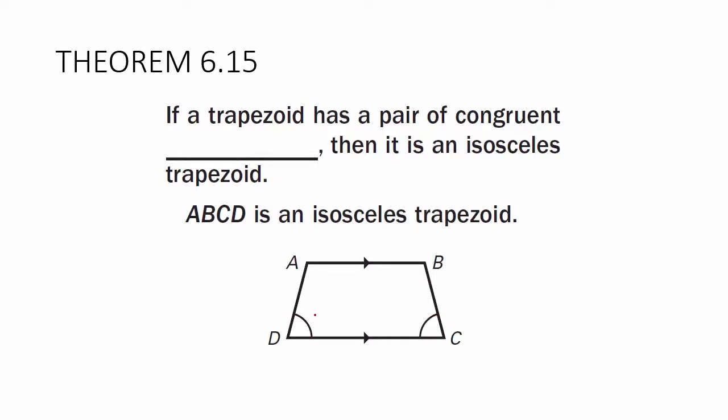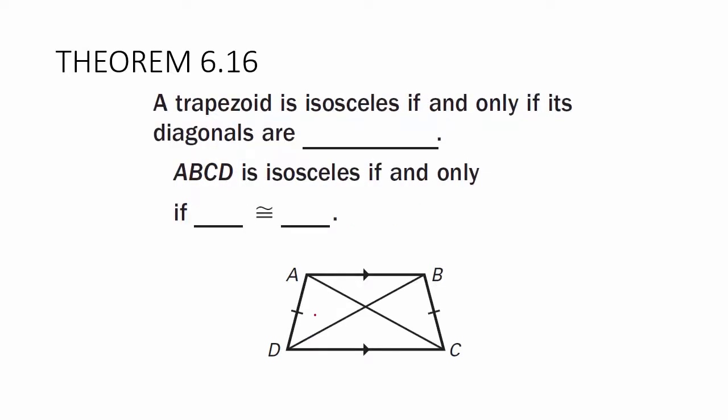If a trapezoid has a pair of congruent base angles, then it is an isosceles trapezoid. ABCD is an isosceles trapezoid because angle D and angle C are congruent. Theorem 6.16. A trapezoid is isosceles if and only if its diagonals are congruent. ABCD is isosceles if and only if AC is congruent to BD.